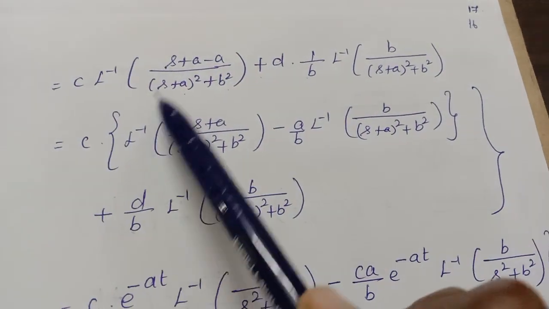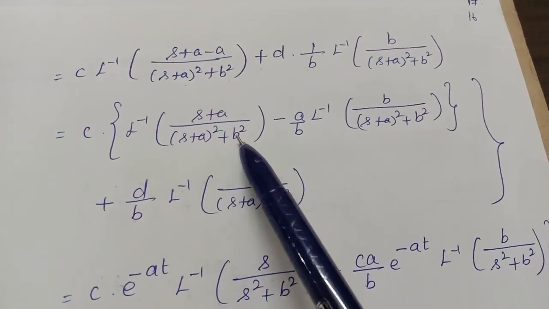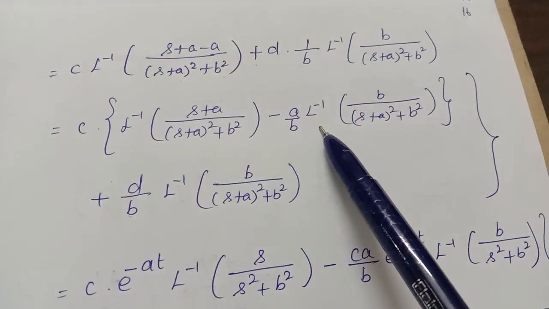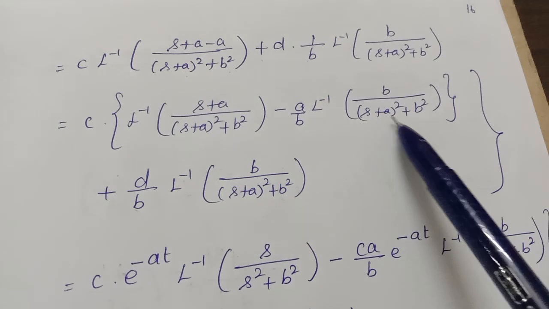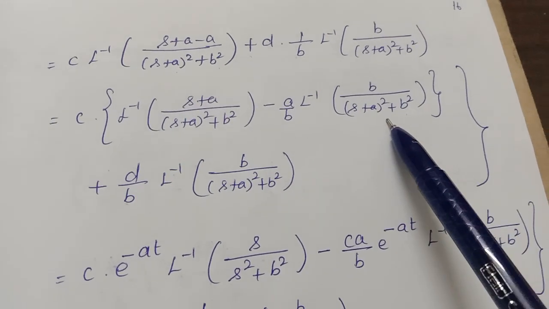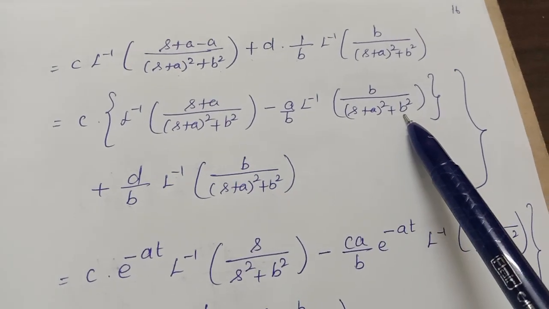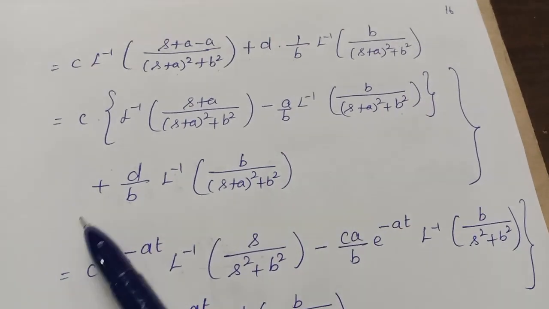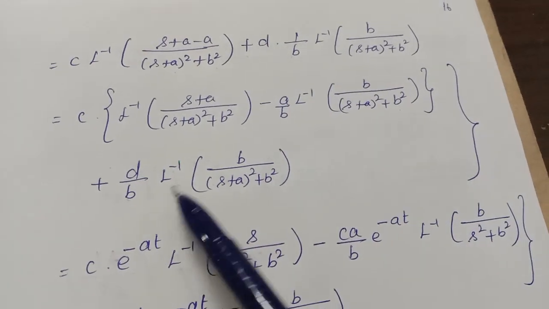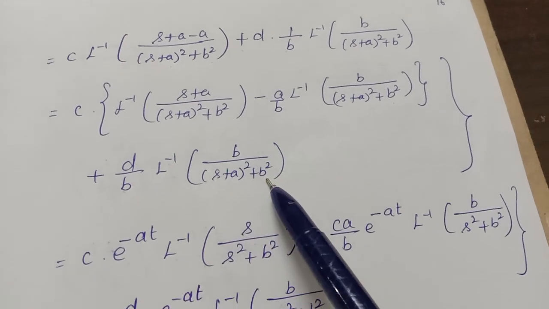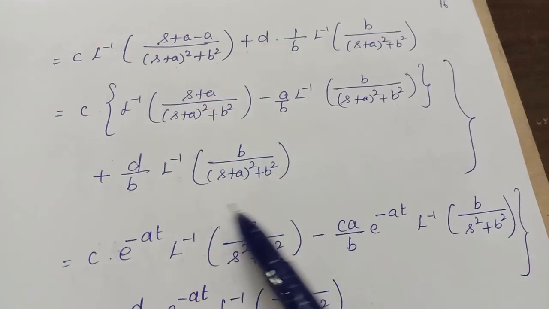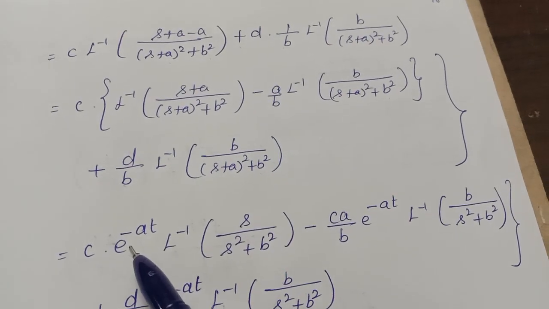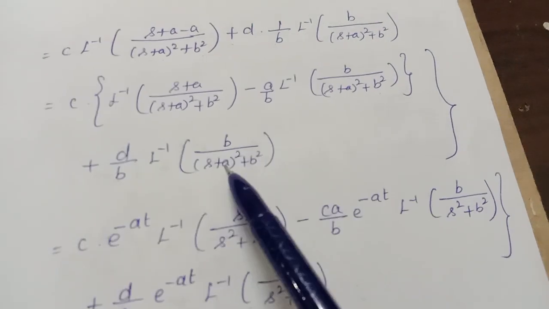So C into L inverse of s plus a by s plus a the whole square plus b square minus this a into L inverse of, it will be simply 1 by s plus a the whole square plus b square. Again the same reason, since I am having plus b square, I have to multiply and divide by b. Okay, plus this term d by b into L inverse of b by s plus a the whole square plus b square. So throughout all are having s plus a, no, that s plus a can be removed by putting e power minus at in the front for all the three terms.